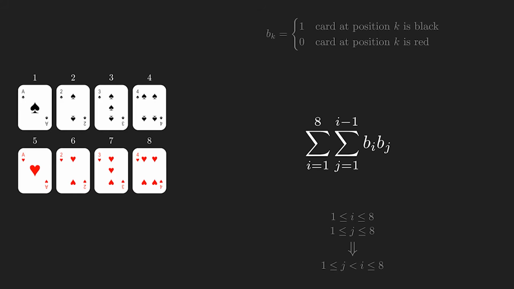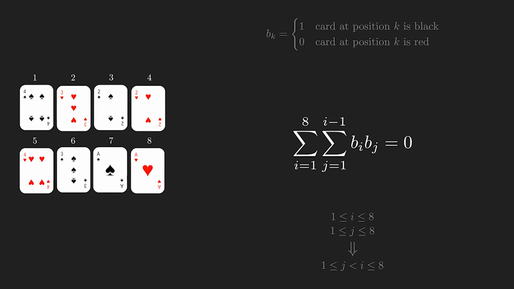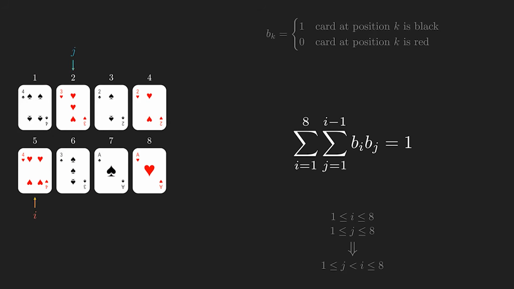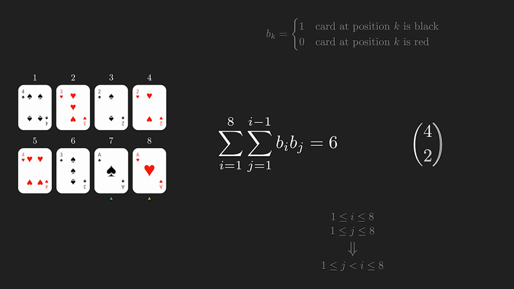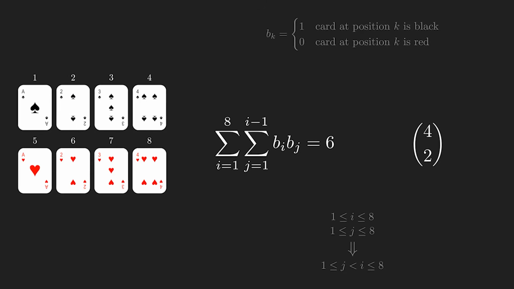So really, this sum is just counting the possible black-black pairs out of the 8 cards. But since this sum only considers black cards, we can just calculate it because the configuration of the 8 cards has no effect on the number of black-black pairs. It can be calculated by doing 4 choose 2, because we are looking for the number of ways to choose 2 black cards out of the 4 total black cards.